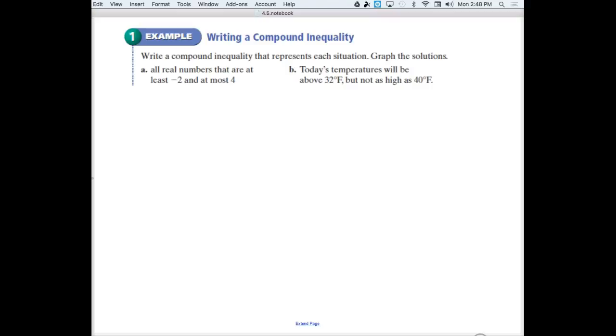So, how do we write inequalities? Well, from these word phrases, we can know that we create something that's at least -2 and at most 4.